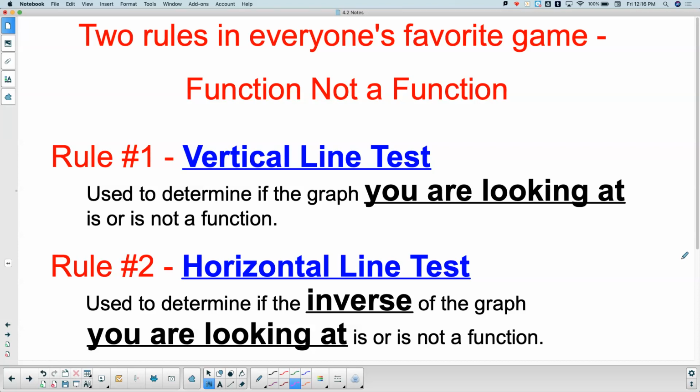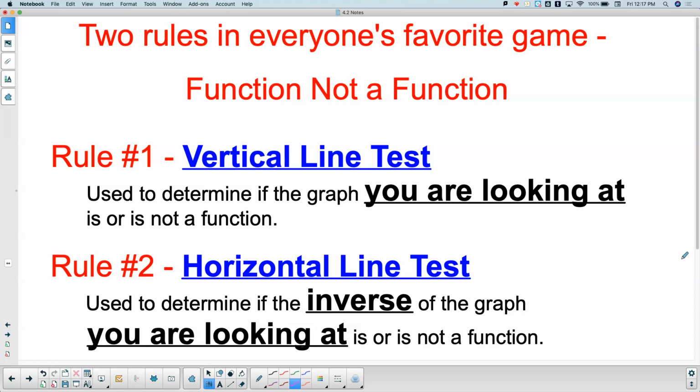Now, this brings up options. Option number 1 is that what I'm looking at could or could not be a function. Option number 2 is that the inverse of what I'm looking at could or could not be a function. So I could have it where both are functions. I could have it where what I'm looking at is a function, but the inverse is not a function.